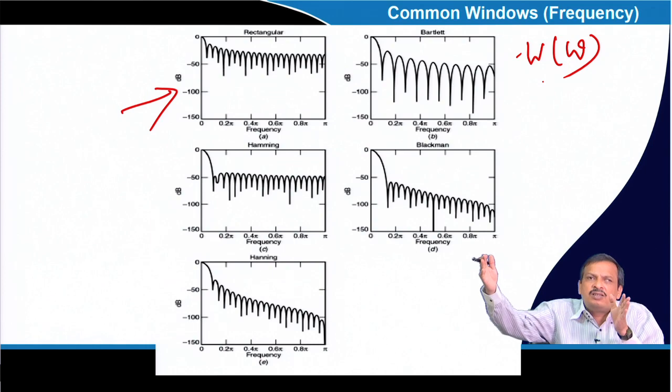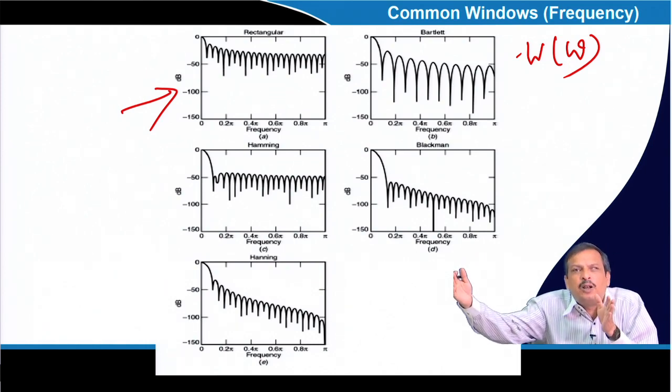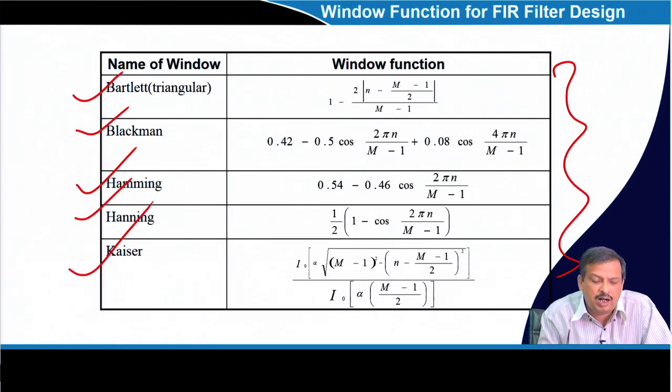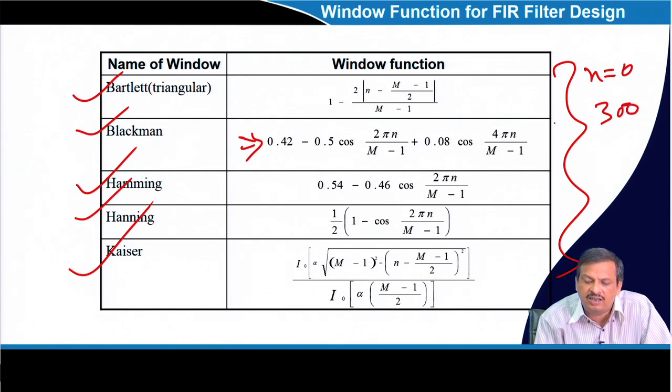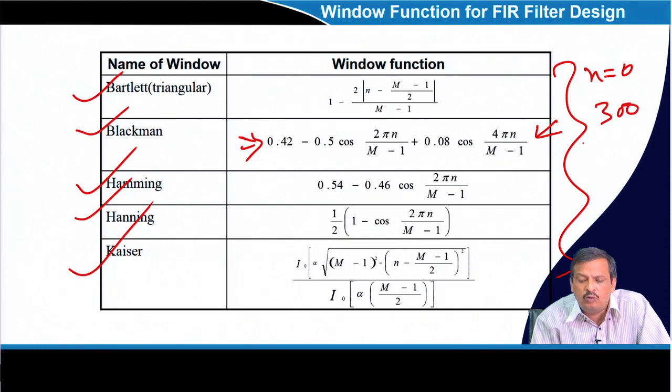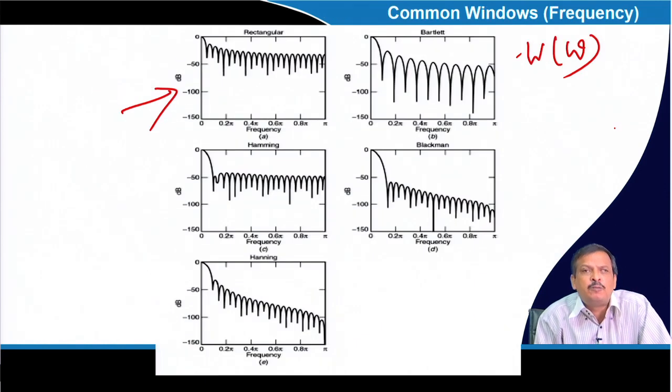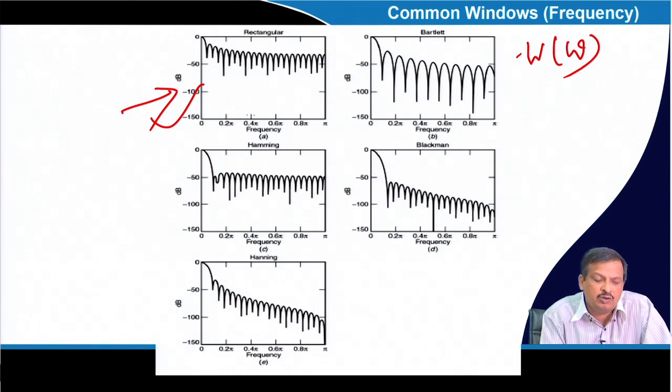So we collect some samples, let's say 300 samples of the window using this function. How do you get the frequency response? Let's take the Blackman window. I vary n from 0 to 300. Let's say I collect 300 samples using this window, and then I do a 300 point DFT. If I plot only the magnitude plot of the Fourier transform, I get this kind of plot. Here are the Hamming window, rectangular window, Hanning window, Butterworth window, Blackman window.